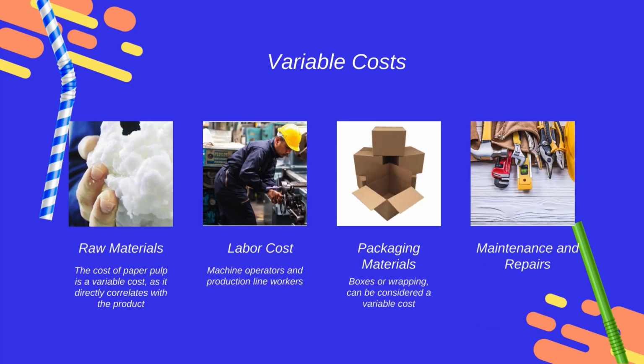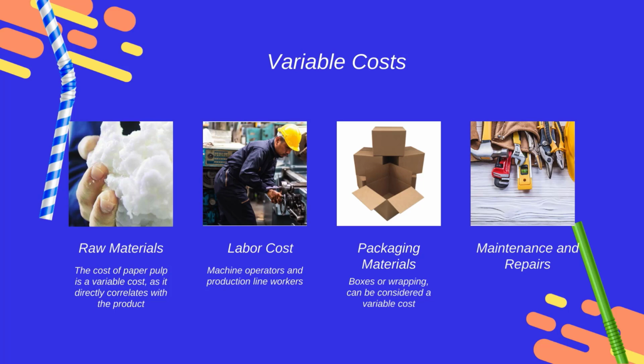About the variable costs, it also includes four parts. For the paper straw team, the raw material, the cost of the paper, is a variable cost as it directly correlates with the product. The labor cost is for machine operators and production line workers.